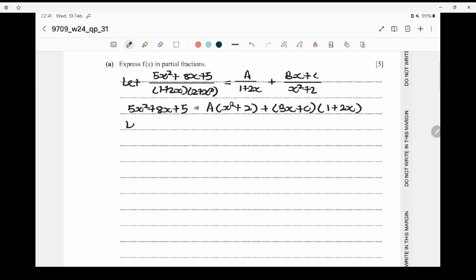So you let x equals to minus 1 over 2. So notice that this term will become 0. So what you have is 5 times 1 over 4 minus 8 times 1 over 2 plus 5 equals to A times (2 plus 1 over 4).